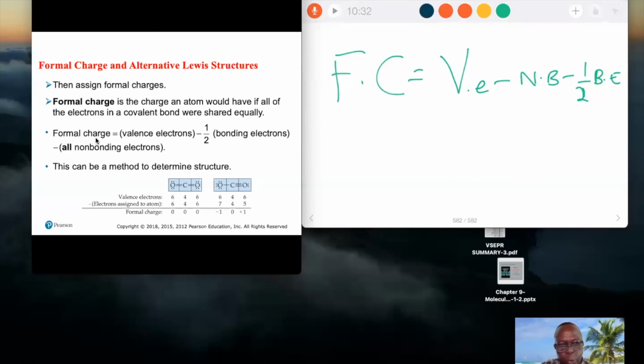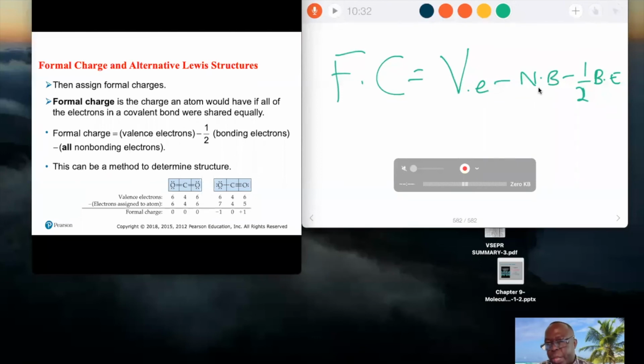The formal charge, which is FC on my whiteboard, is given by the valence electrons for that element, which you find on the periodic table using the group number, minus half the bonding electrons, minus all non-bonding electrons. It's the same thing. I like starting with non-bonding, minus half.